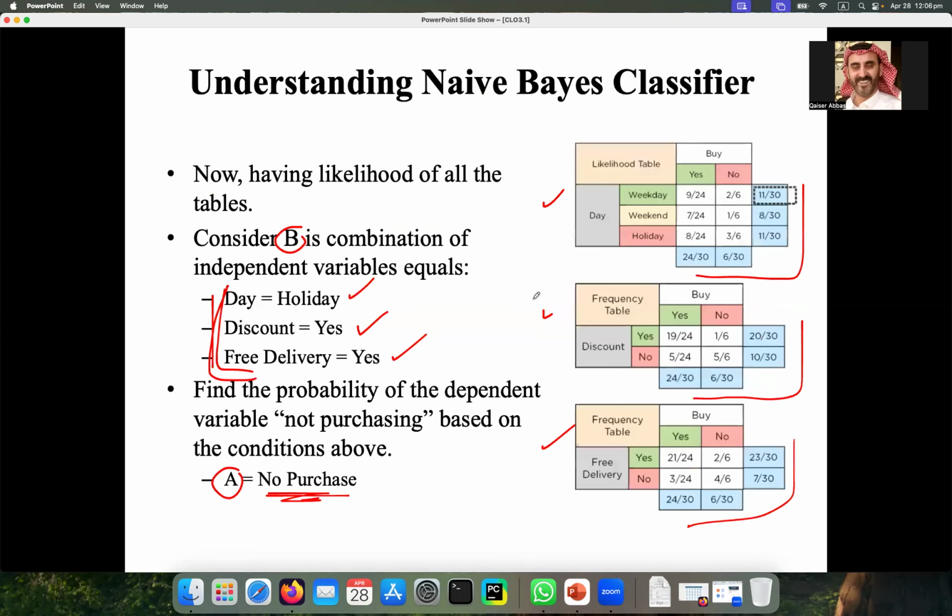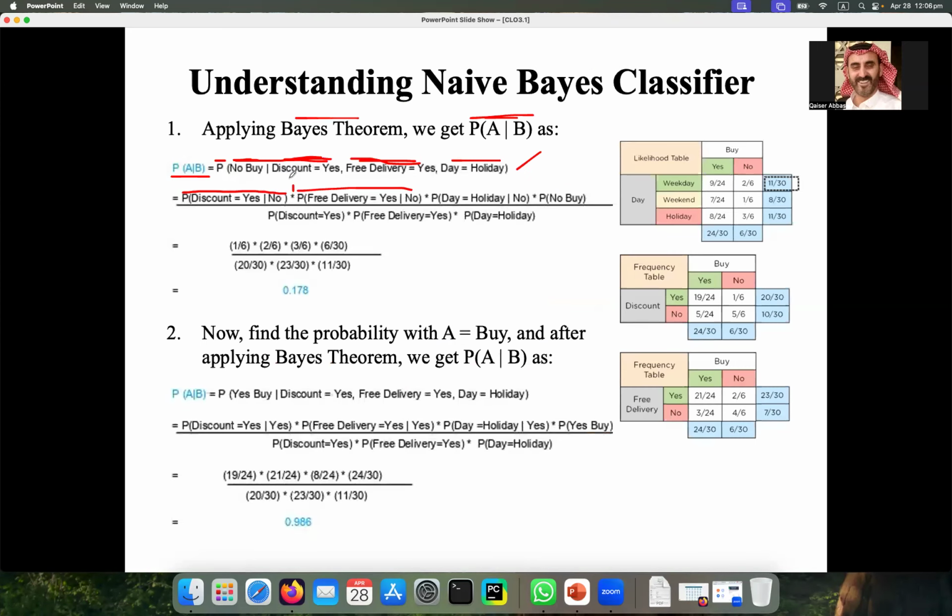So this is B, discount yes, and I am reversing the order.